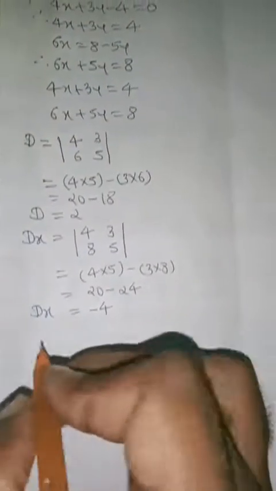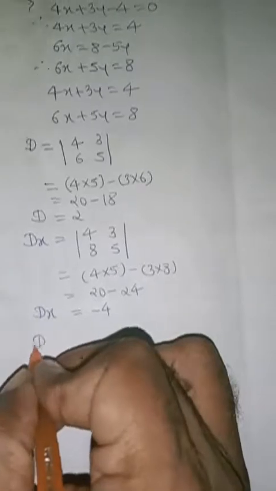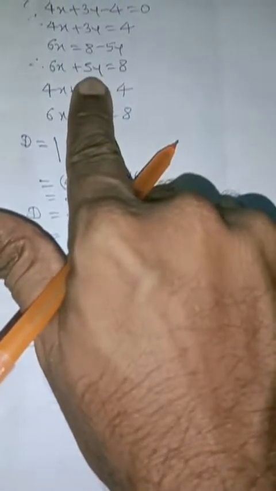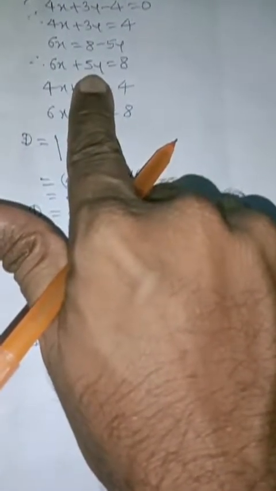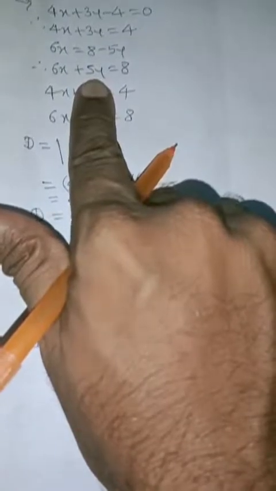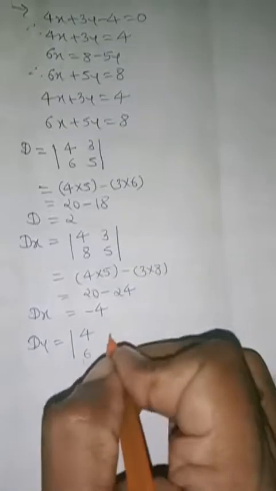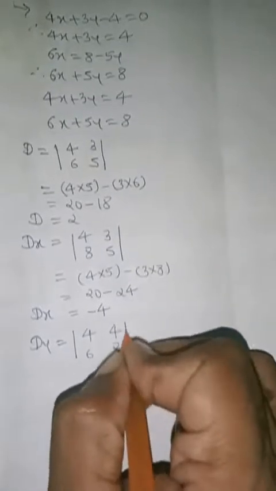The next step is we have to calculate the value of Dy. Dy is equal to, again we have to put the finger on this y, okay, and write down the coefficient of x and the value of c. 4, 6 and 4, 8.